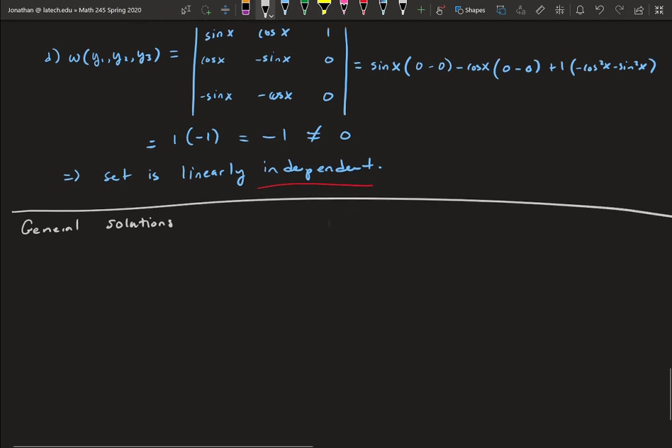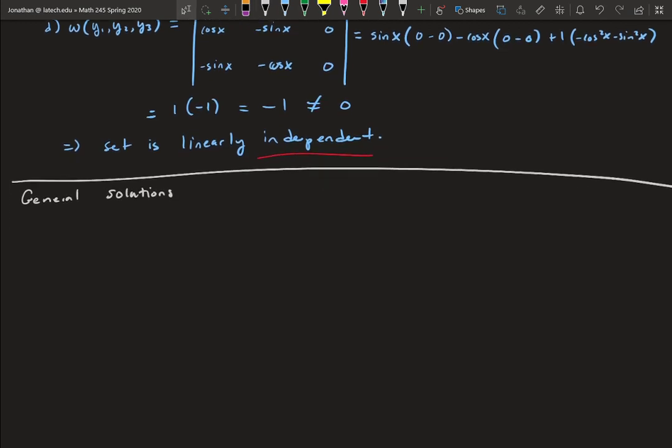So the general solution of our differential equation, something like the nth derivative of y plus ... a1 y prime plus a0 y equals 0.